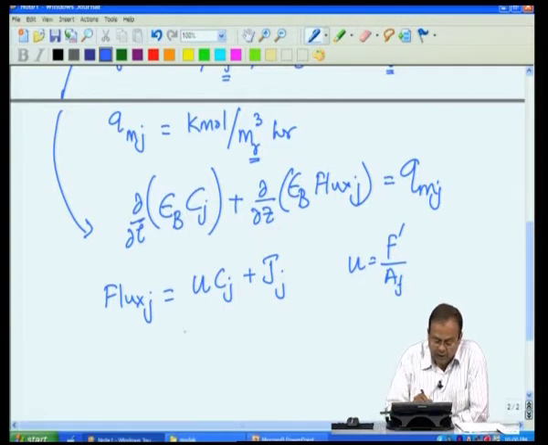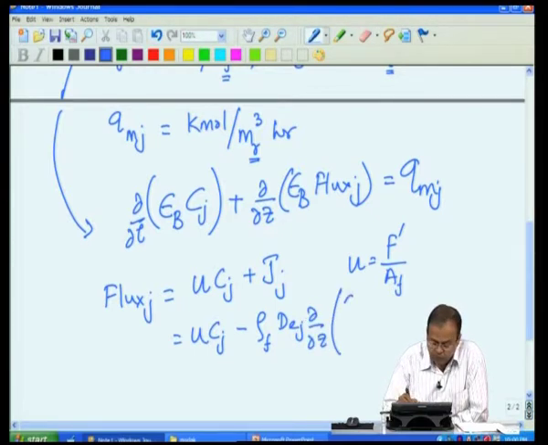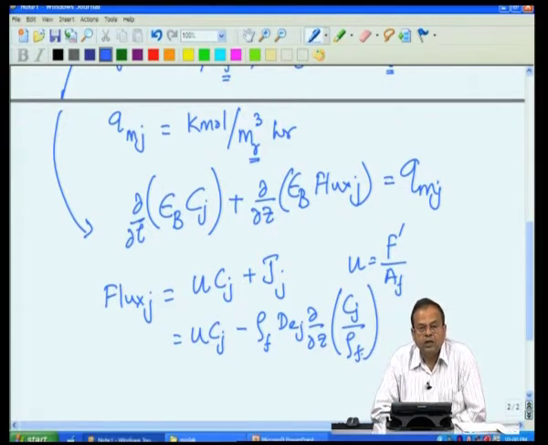So, I can write U into Cj minus the diffusive flux, and this is the convective flux. So, this together gives me my total flux.